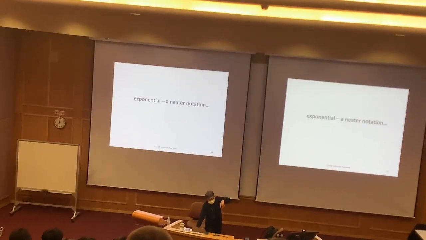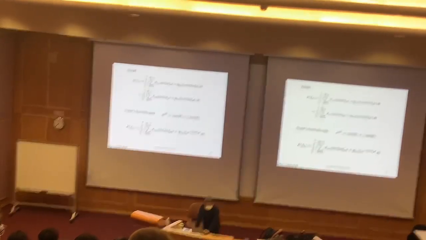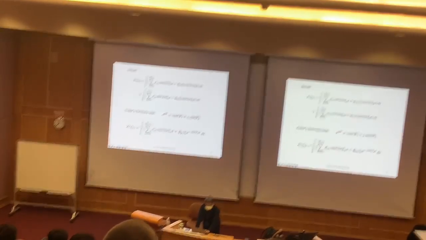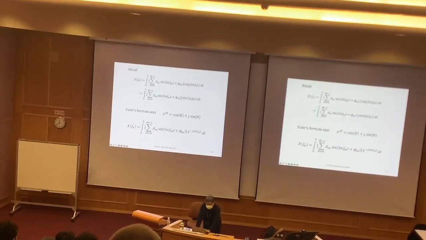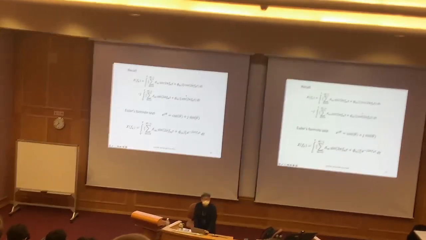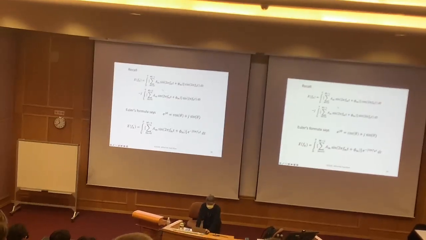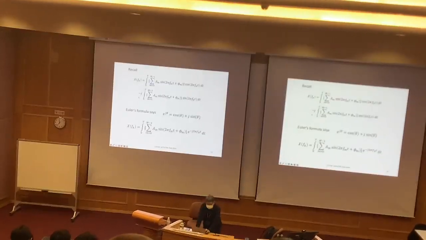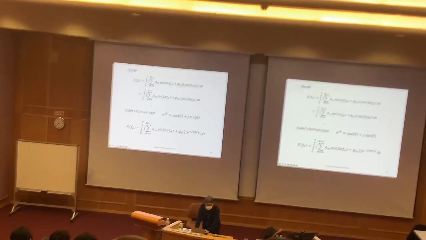There's one more thing before I release you. Exponential, a neater representation. See, now you have the signal that is given to me, right? Input signal. You dot product with cosine. The same signal, you dot product with sine, right? And then you combine the two and say, okay, dot product with cosine, put as real part, dot product with sine is imaginary part, and then I put it in this way, right?